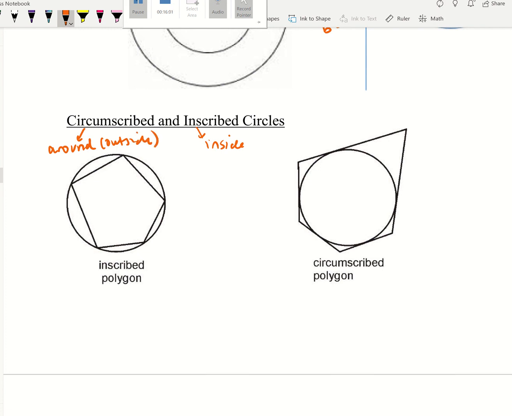So in this first picture here, I have a polygon that is inscribed inside this circle. And something that is true when we talk about inscribed is that the vertices of the polygon have to touch the circle if this polygon's inside, or the circle has to touch the sides of the polygon if it's the other way around.